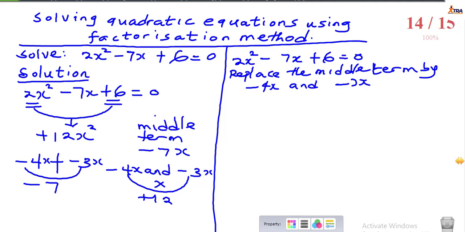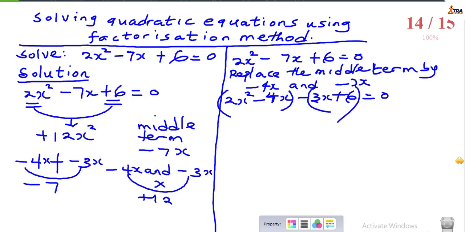So let's do that. We have 2x squared minus 4x minus 3x plus 6 equals 0, don't forget the equals 0 on that side. The next thing to do now is to pair the expression.